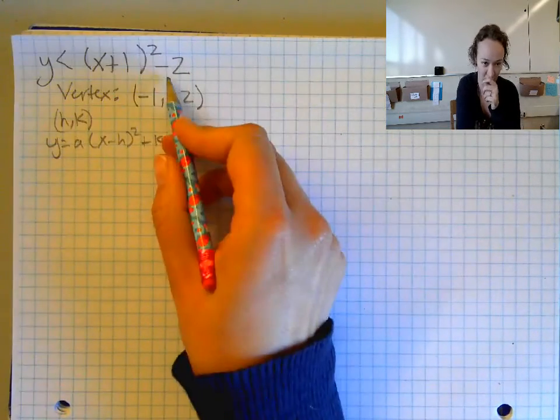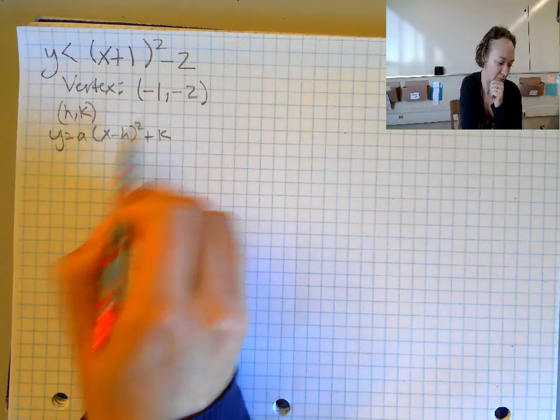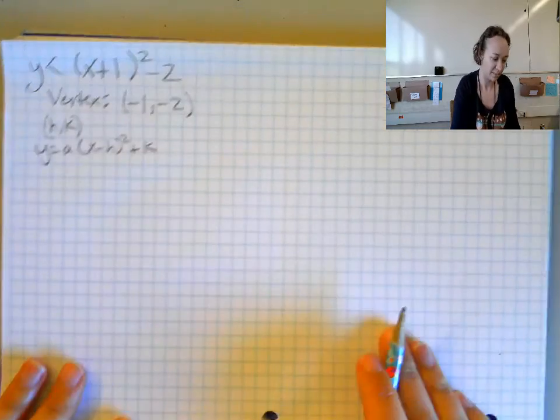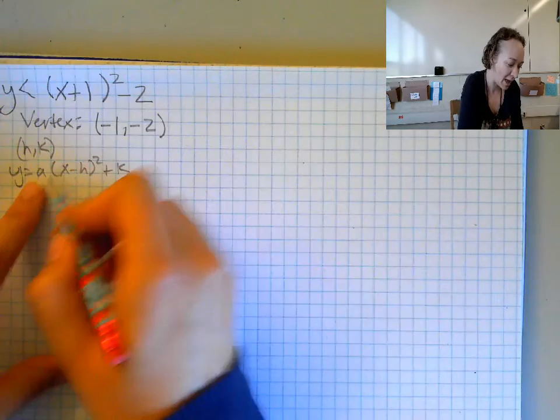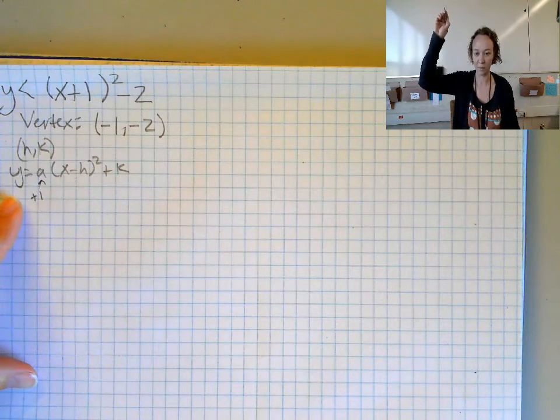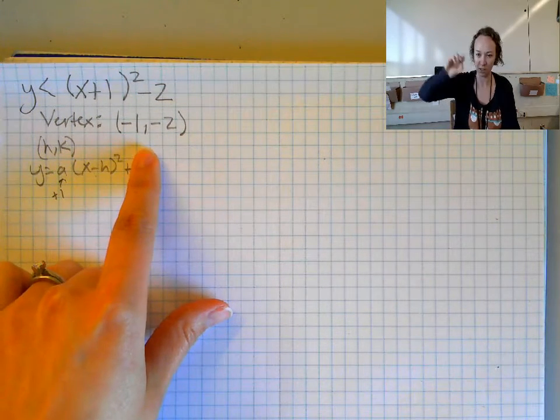Since it's a -2, the k stays as -2. And since it's minus h, that must be -1, because a minus a negative becomes a positive. All right, so I know that my a is a +1, which means it opens up. So my vertex is going to have a point at (-1, -2), and then it's going to open up.